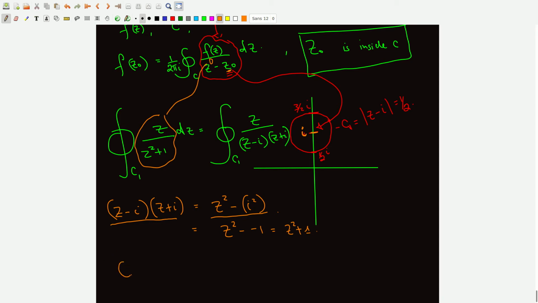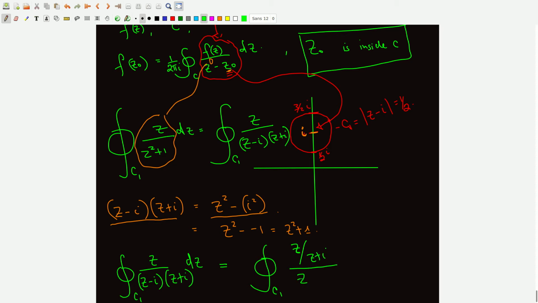So you realize that we can say that now this integral over C1 of z over z minus i times z plus i dz is equal to the integral over C1 of z over z plus i, divided by z minus i, dz.